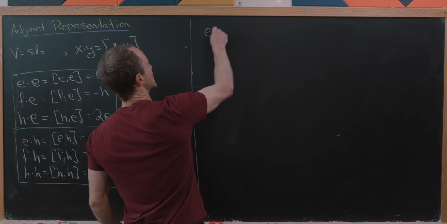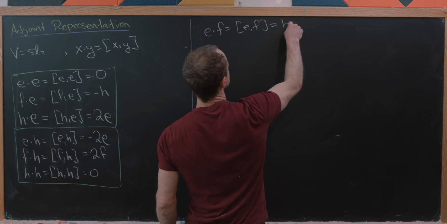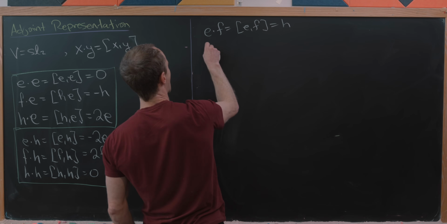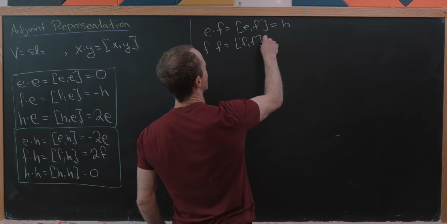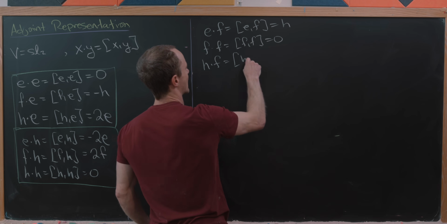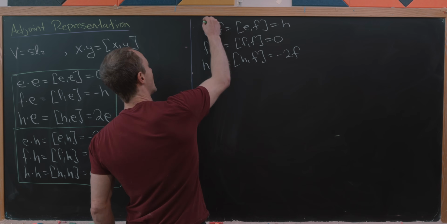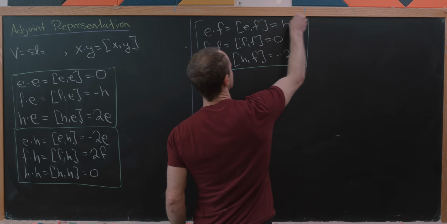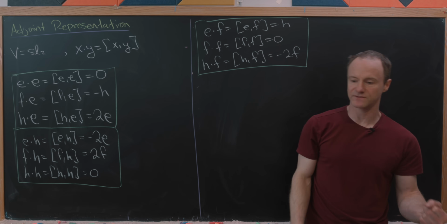So we'll need E dot F, so that's going to be the bracket of E with F, which will give us H. We need F dot F, so that's going to be the bracket of F with F, that will give us 0. And then H dot F, that's going to be the bracket of H with F, that'll give us minus 2F.